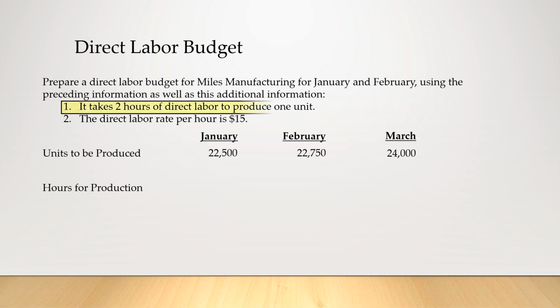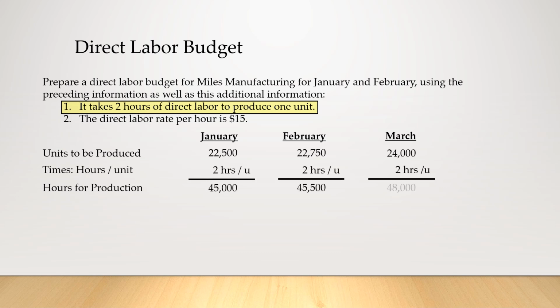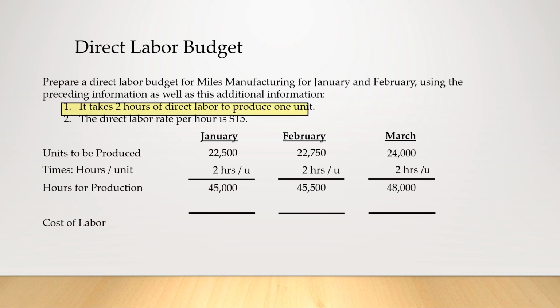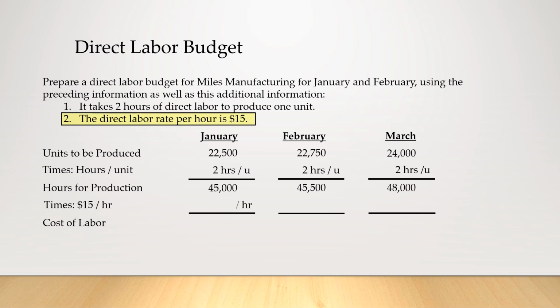We know it takes 2 hours of direct labor to produce each unit, so we can multiply total units by that rate to get total production hours. From these hours, we can calculate the monthly cost of labor. Just use the labor rate of $15 per hour.